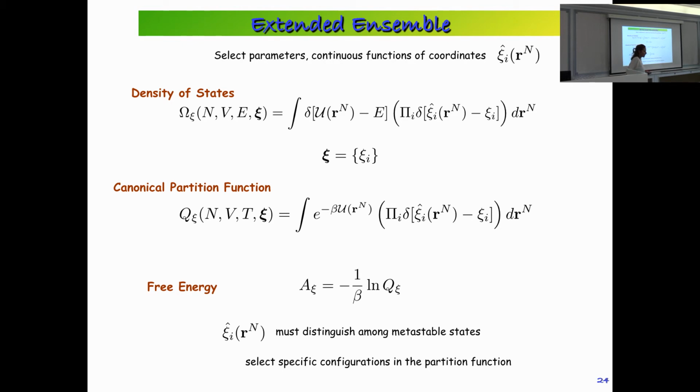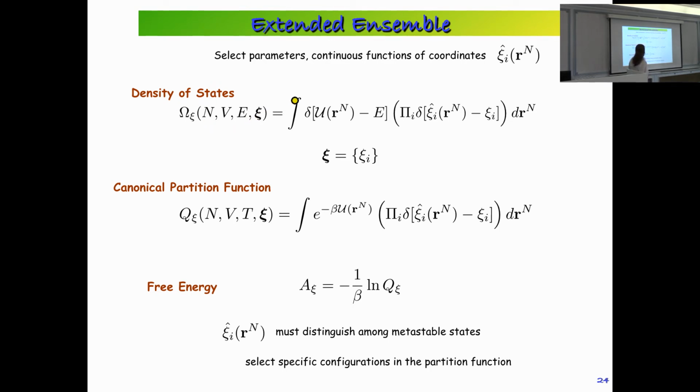Then you restrict the sampling to this subspace of the collective variable. You can have more than one, and in the end what you want to obtain is the density of states for a specific value of the collective variable, or of the set of collective variables. So your parameters are number of particles, volume, energy, and the value of the collective variable.